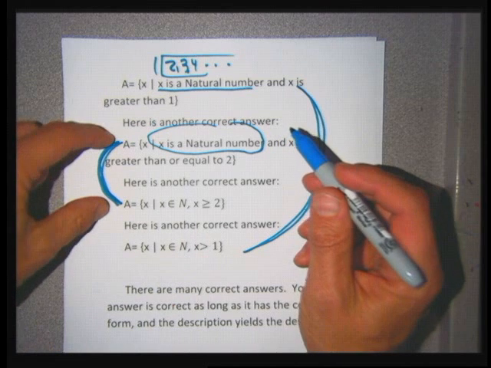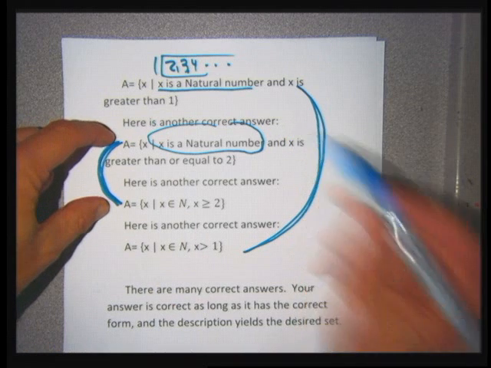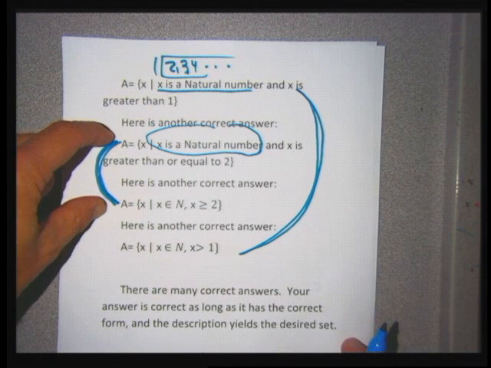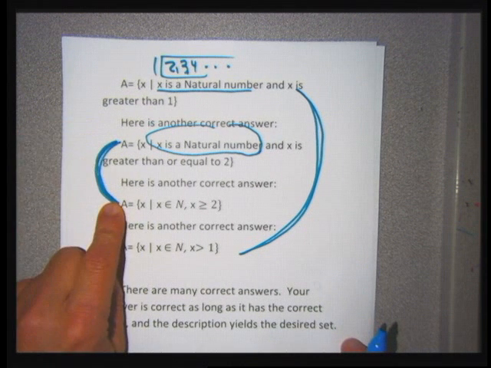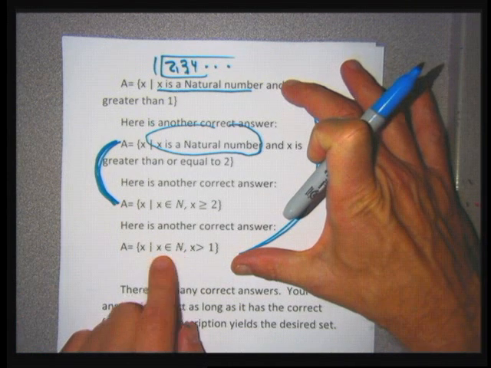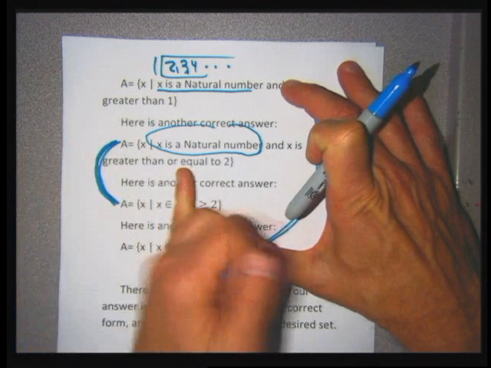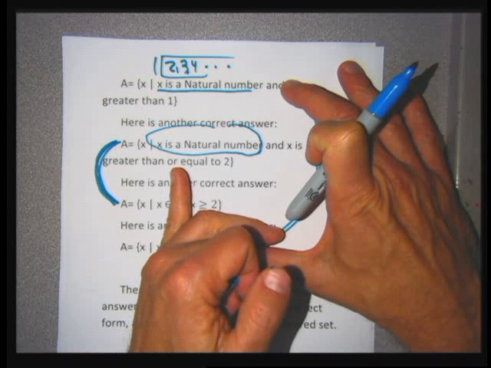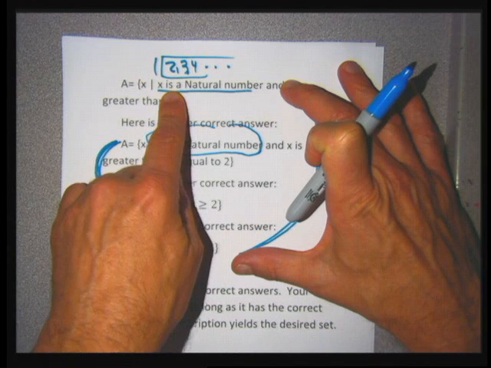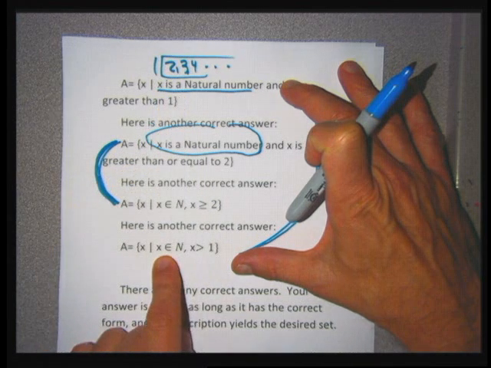So these 2, the third and the fourth description on this page, say exactly the same thing. The third one is probably way nicer to write than the fourth one. The bottom one and the top one say exactly the same thing. The beginning is the same, the set of all x such that, and then instead of writing the words x is a natural number, I could use the symbol for x is an element of N, which means x is a natural number.